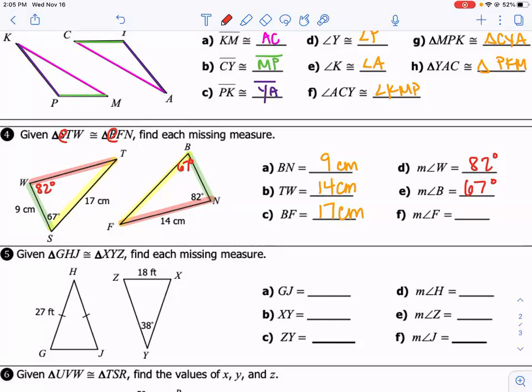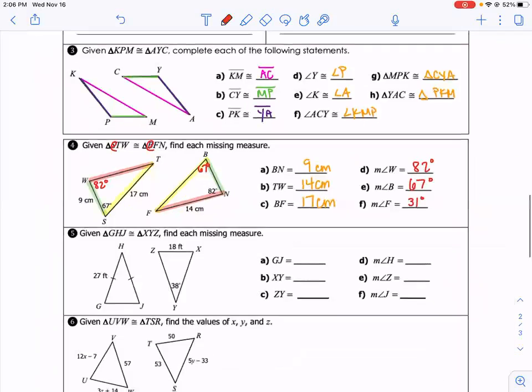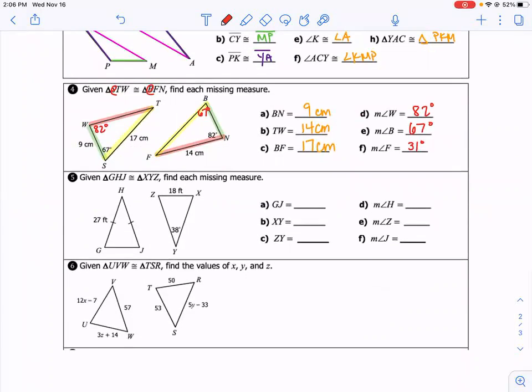She spelled your name wrong. It's obviously a K. What is angle F? Okay, where are you actually?